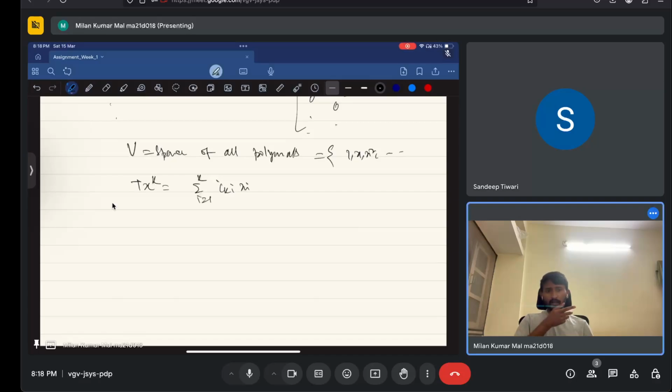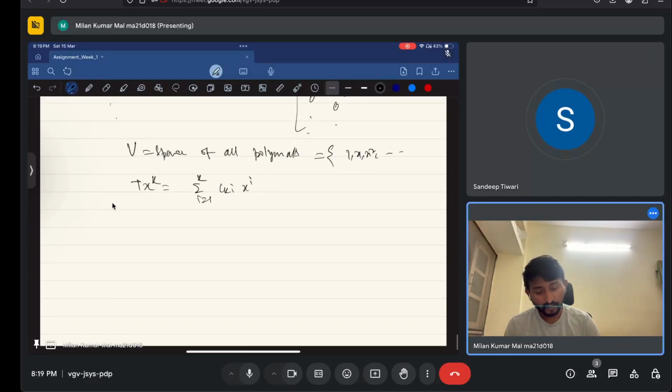T is an operator. I can give its action on some element, x to the power k, which is an element of the ordered basis. T of x to the power k is a sum of x to the power i, but the sum is taken only up to k. In that situation, elements will automatically appear only up to k.